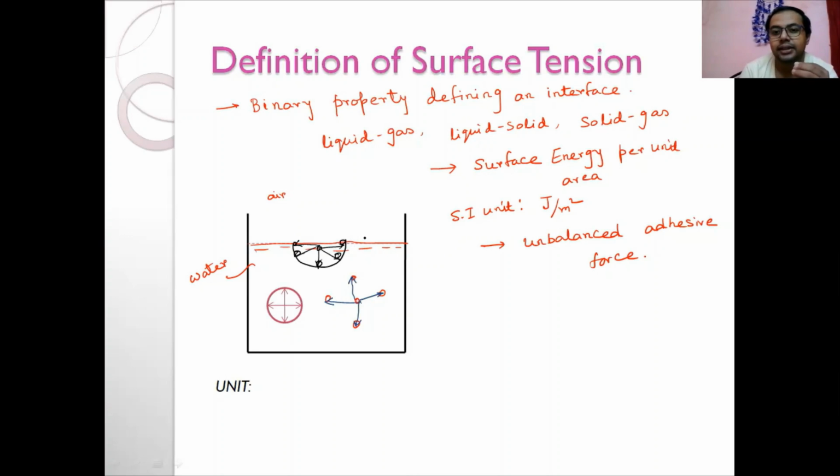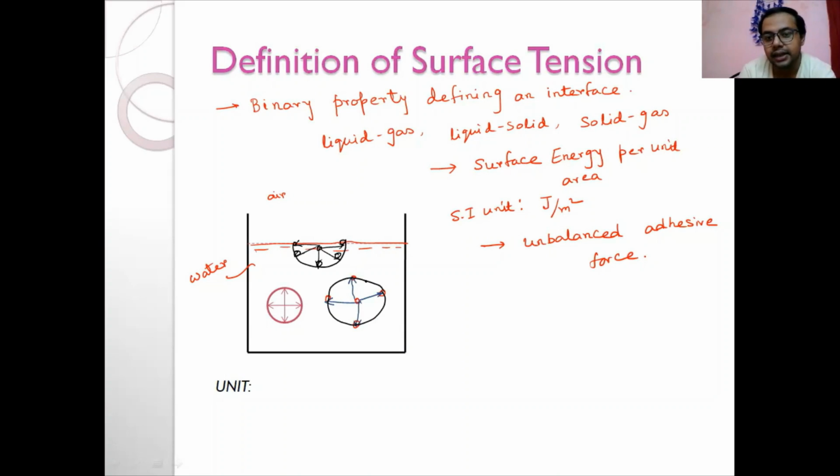For a molecule to be present at the surface, it requires some energy, because in the interior all the attractive forces are well balanced, but at the surface there is some unbalance present.